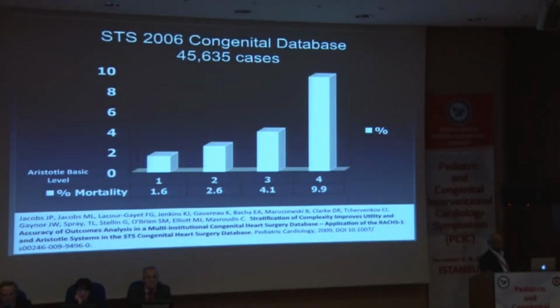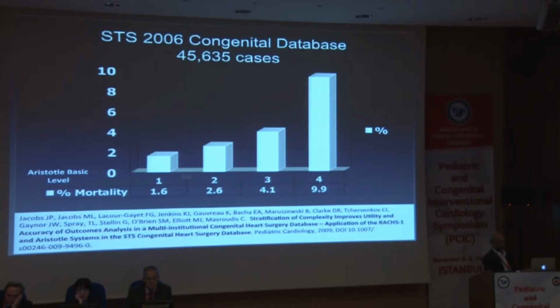The Society of Thoracic Surgeons in the US, initially by Gus Mavroudis and now Jeff Jacobs, have been collecting data of the surgical results in the US. And again, they've accepted the complexity score based on the Aristotle score developed by EACTS.